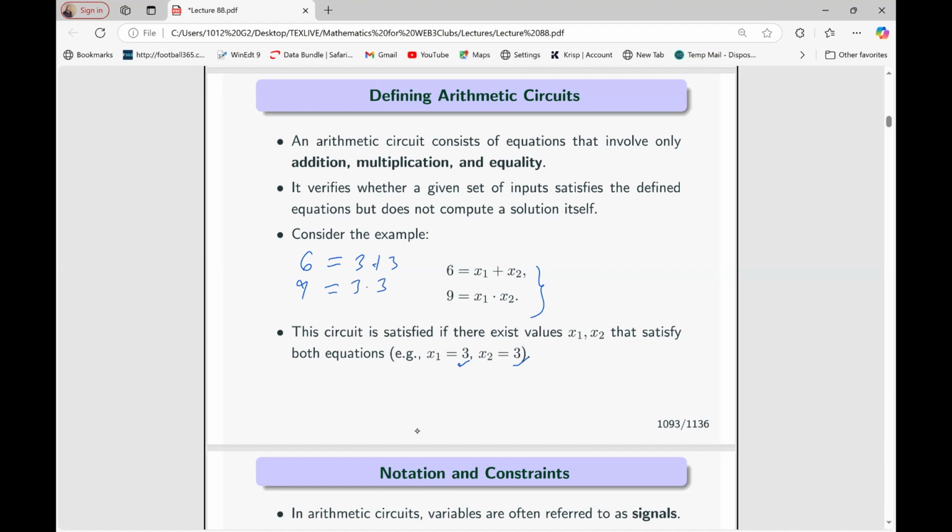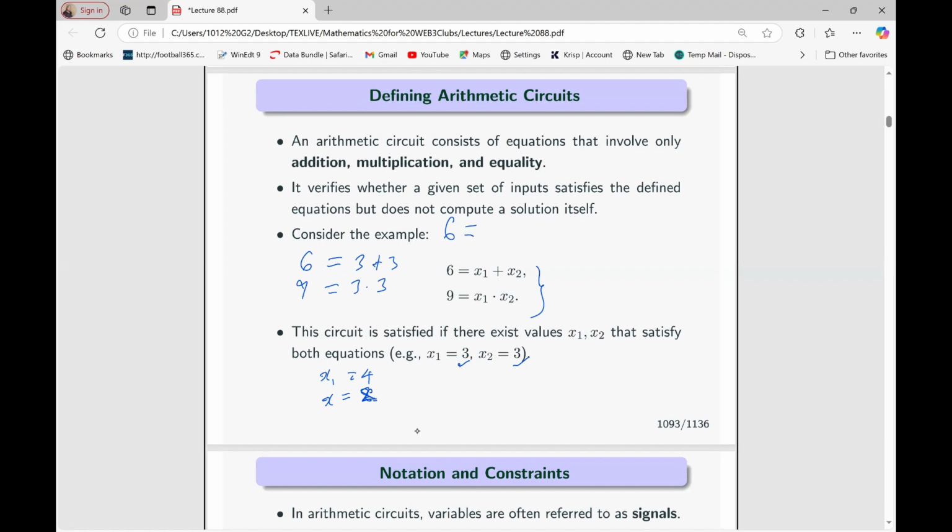So that means if somebody was to tell you that x1 was 4 and x2 was 2, you just come and verify.